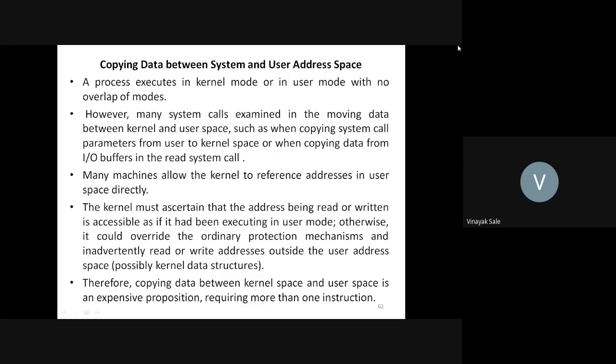Otherwise, it would override the ordinary protection mechanism and inadvertently read or write addresses outside the user address space. Therefore, copying data between kernel space and user space is an expensive operation requiring more than one instruction.